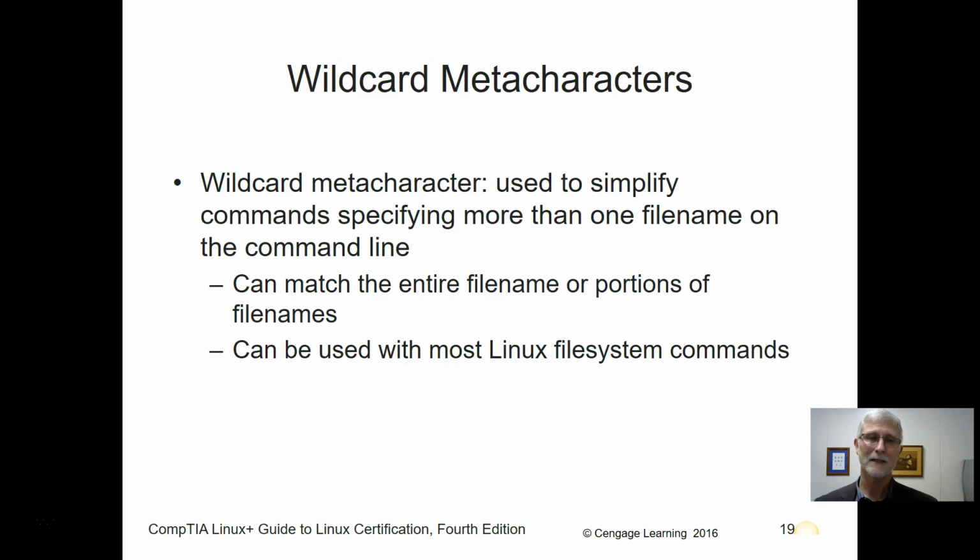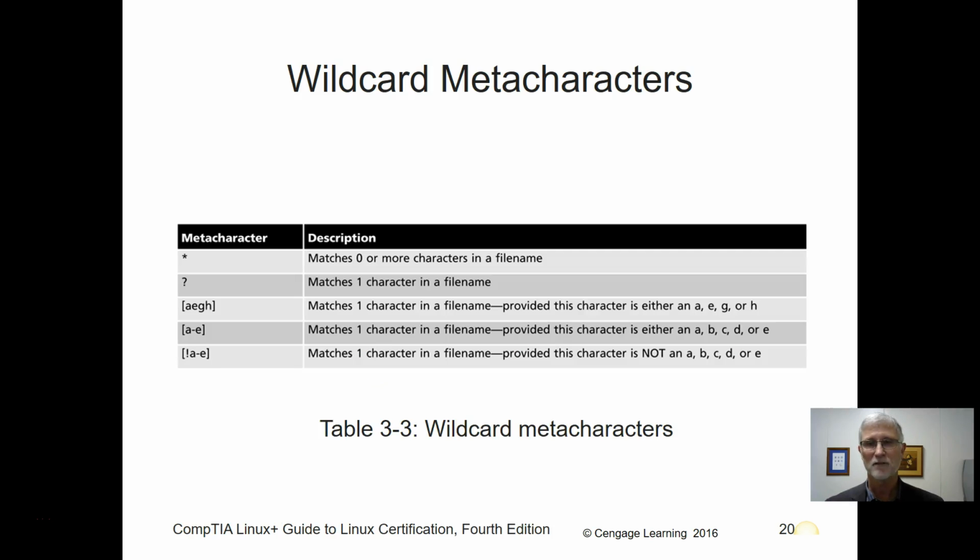Now, typing file names is long, and sometimes you want to have some shortcuts put into place. In this case, you can use wildcard characters. They're characters that can specify matching multiple files just by putting a single character in. You can use them in most of the different file systems.